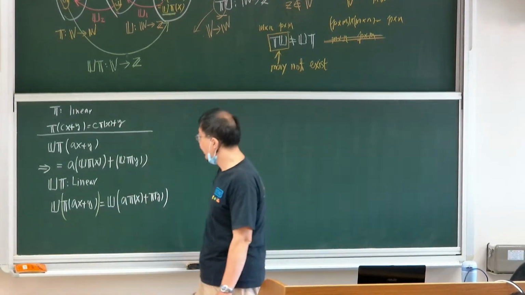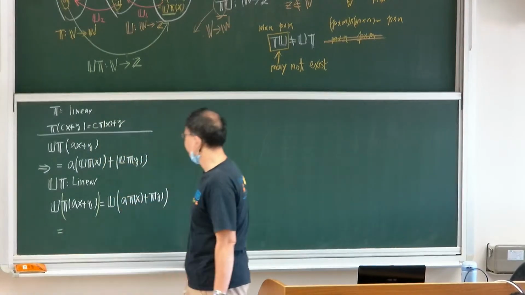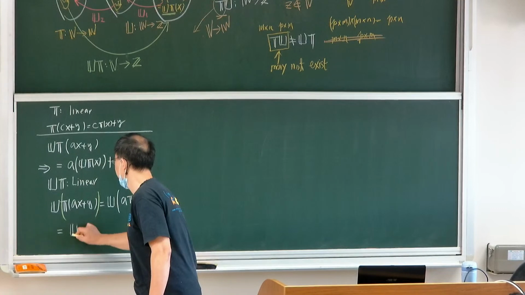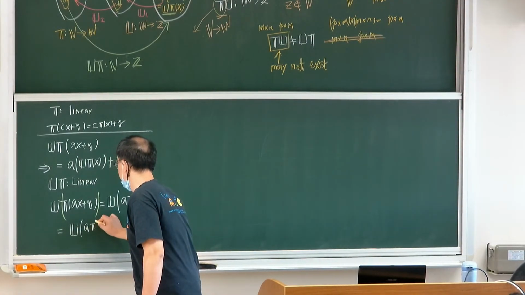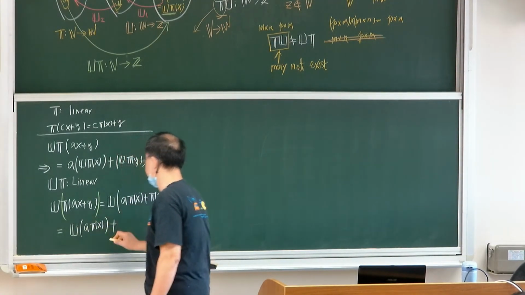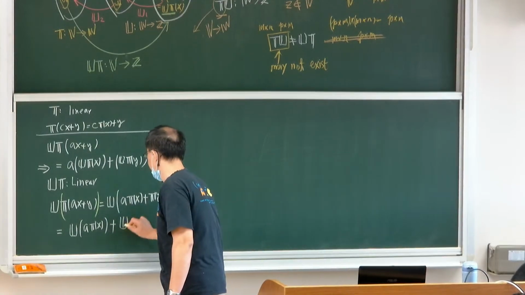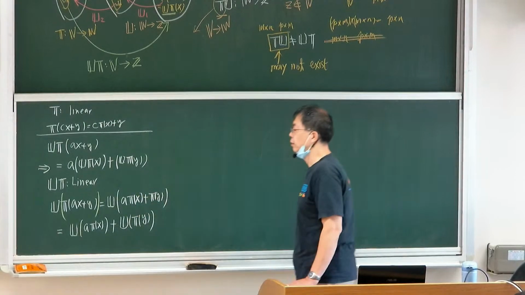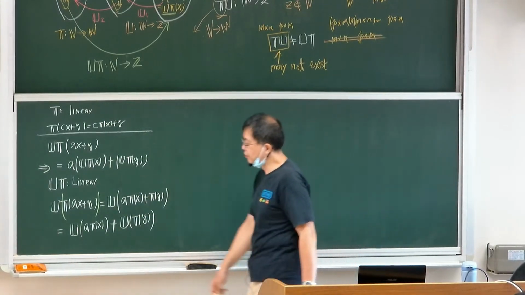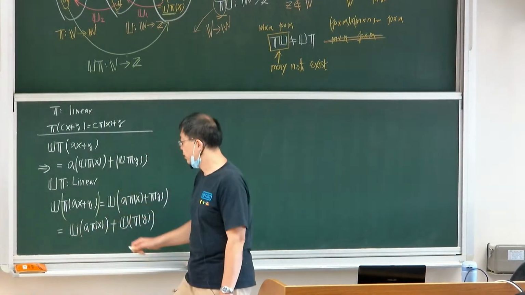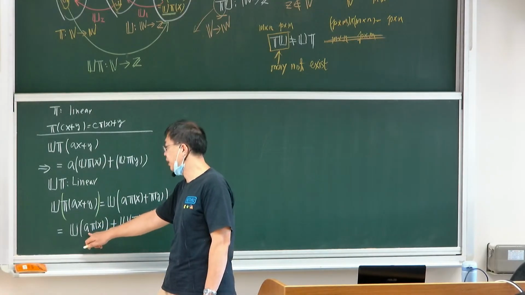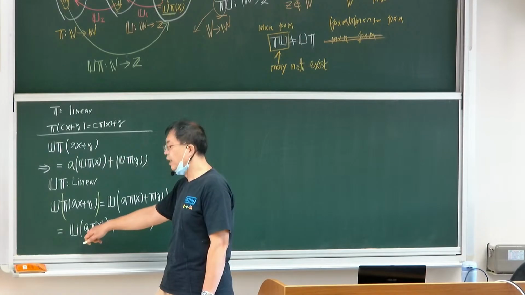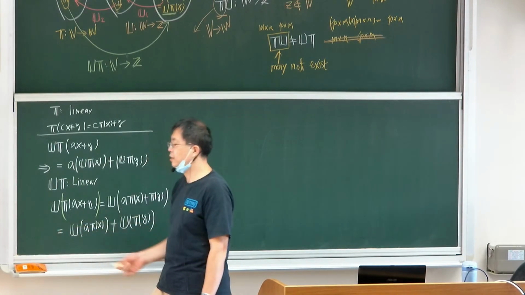Then, because U is linear, I have U of T sub X plus U of T sub Y. And because U is linear, we can take the scalar out of this transformation.